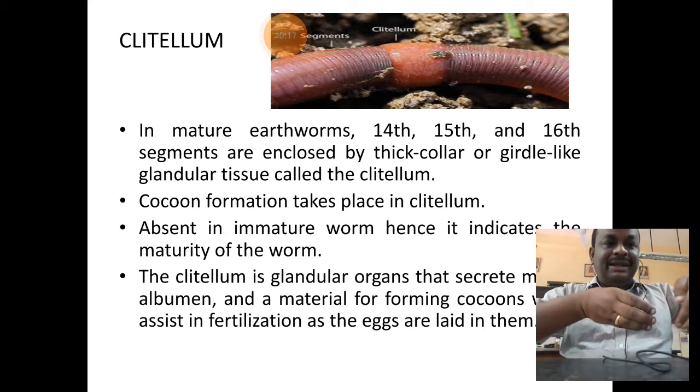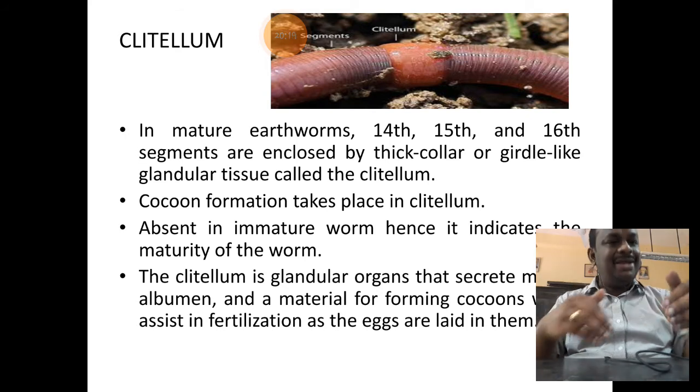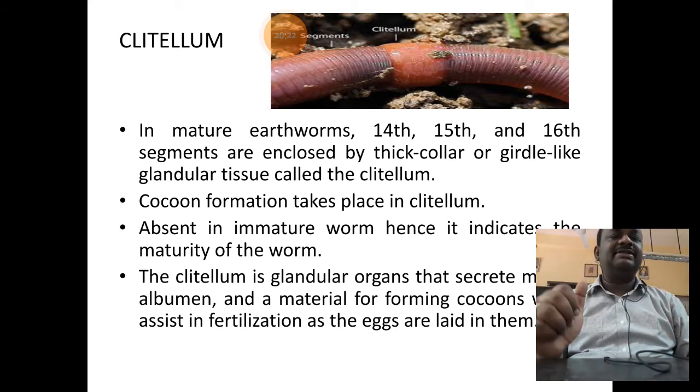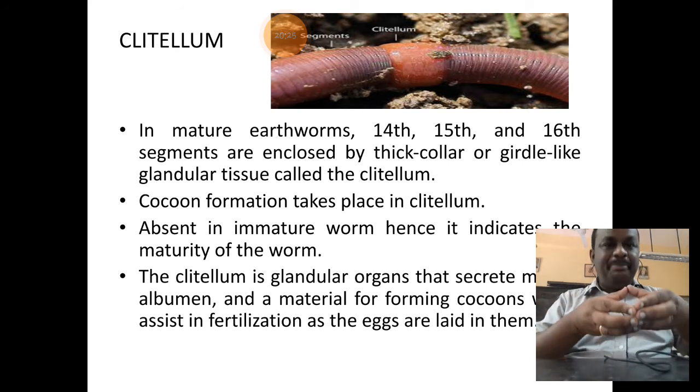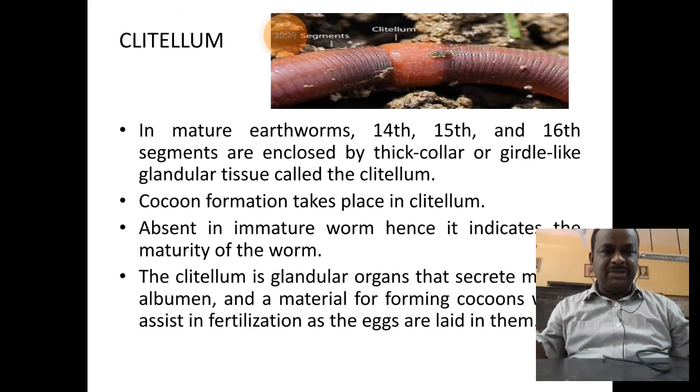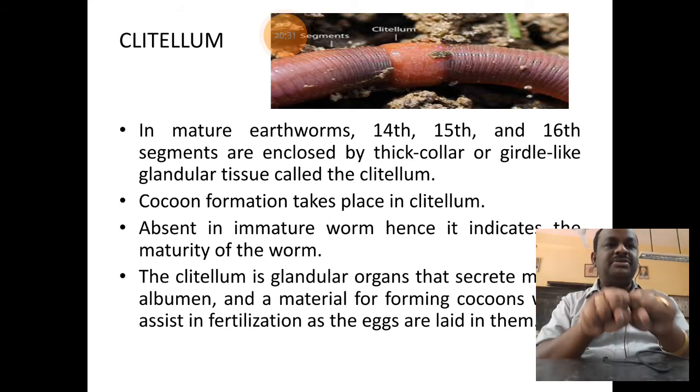So, this protective cover is secreted by the segments of 14, 15 and 16, and this appears in later days as a girdle. Girdle generally refers to something to join or hold two structures together.